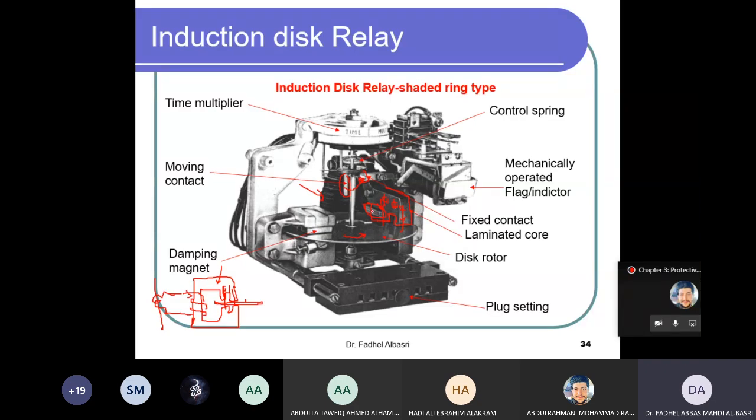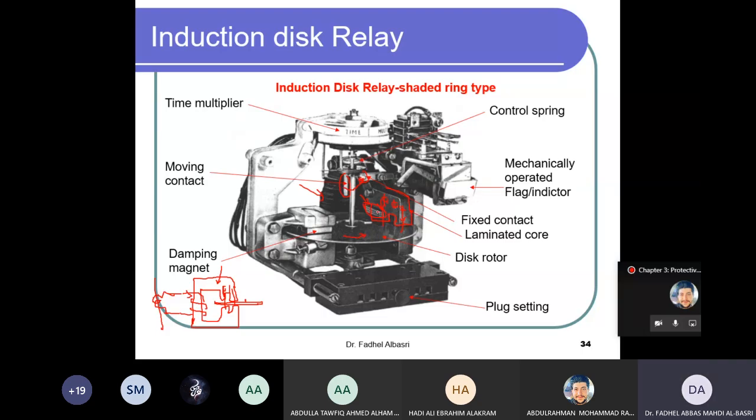Now, how do we make these two out of phase? Okay, by adding this shaded ring. It's like a coil, a ring. Once flux passes through that ring, it will induce an EMF in it, and because it is a closed ring, it will induce a current in it. That current tries to produce a flux opposing phi1, which will delay it compared to the other.